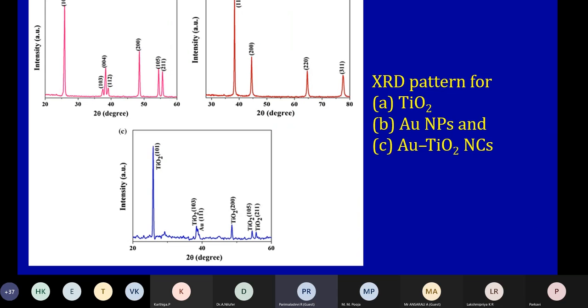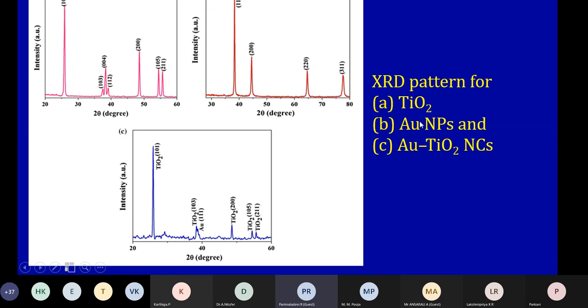We also take powder X-ray diffraction of the nanoparticle. Since the gold is in liquid form, we cannot take its XRD separately, so we just take XRD for AuTiO2.